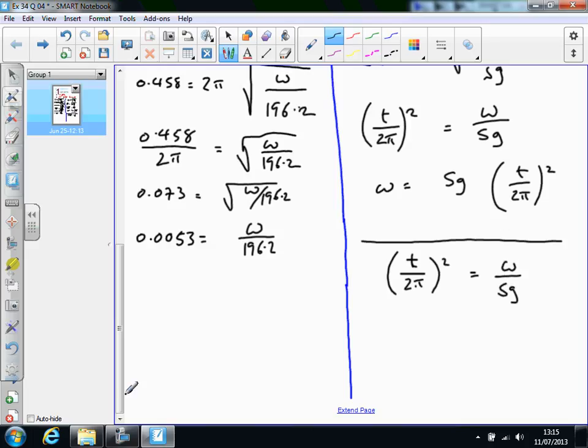Well, because I've got no additions or subtractions on the left and right hand side, I've basically got two fractions. I can invert both sides and it'll still be okay. So I can invert the right hand side and invert the left hand side, and so I can write that 2 pi over T all squared equals SG over W.